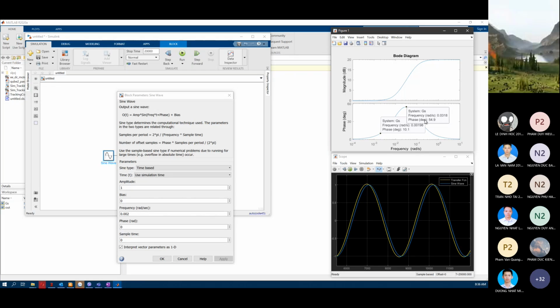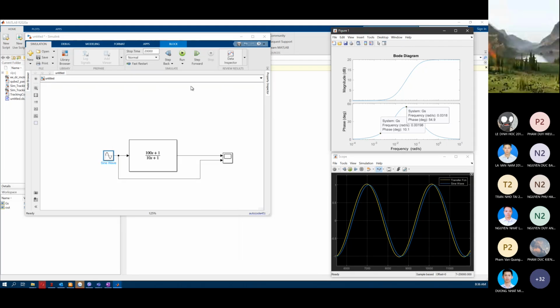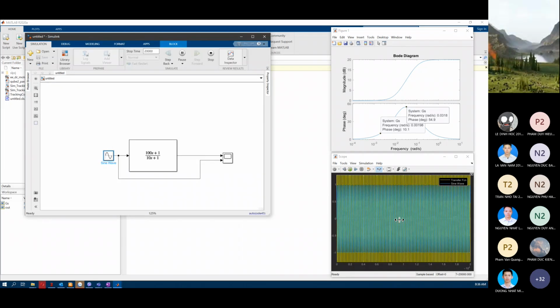And if we increase the frequency here, to the point about here, that means about 0.3 radian per second, and we try to run again.